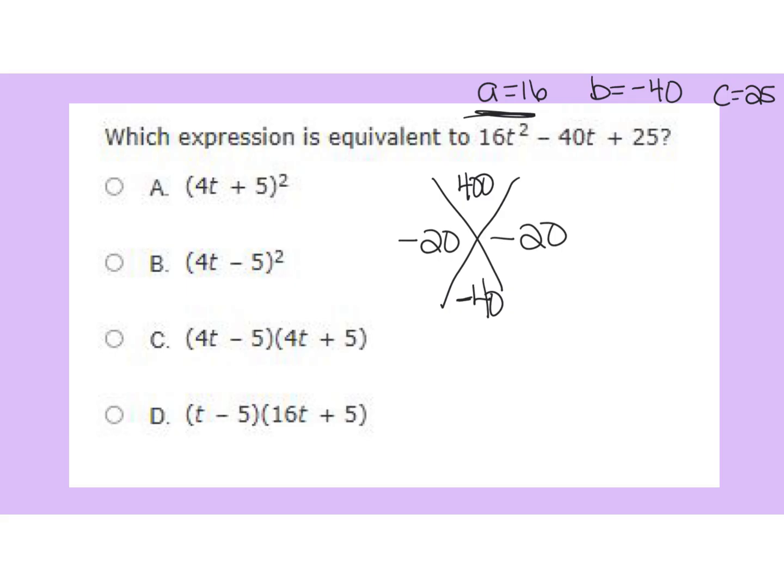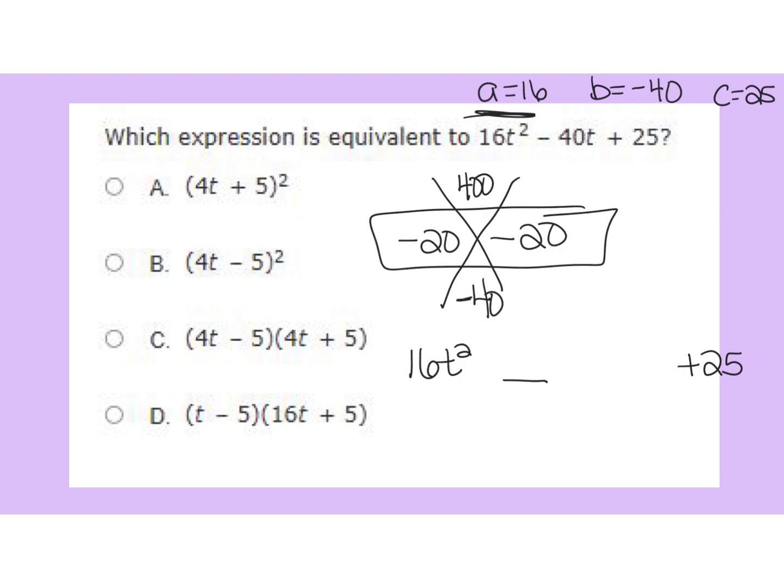Instead, remember, I'm going to write my first term, 16t squared, my last term, plus 25. And I'm going to fill in the middle here. So I have -20t, -20t. Remember, we do that because if I were to add both of these together, I'm getting my middle term. Okay, so that's the whole point there.